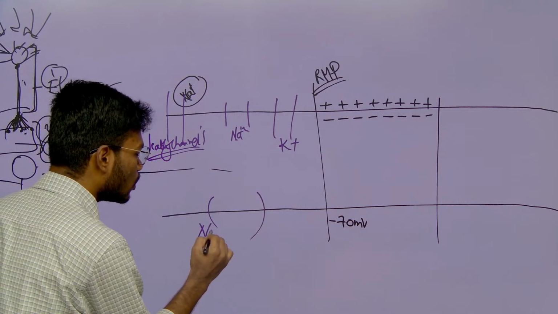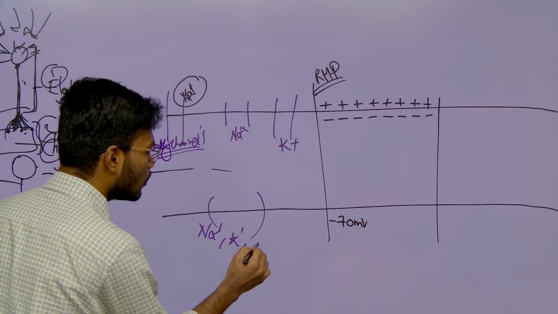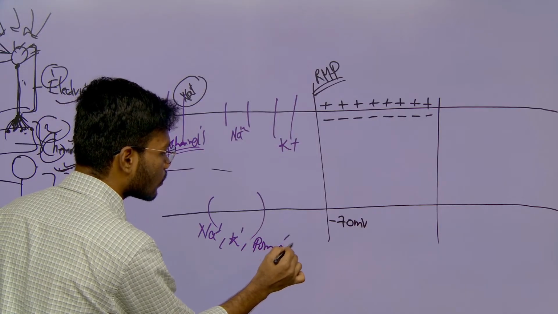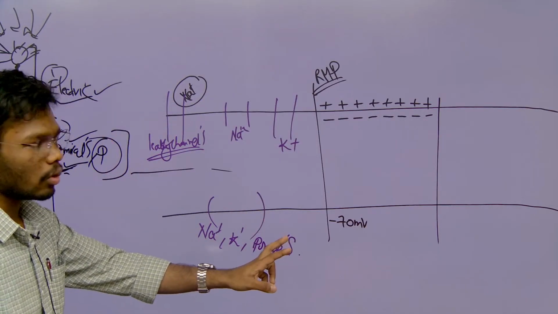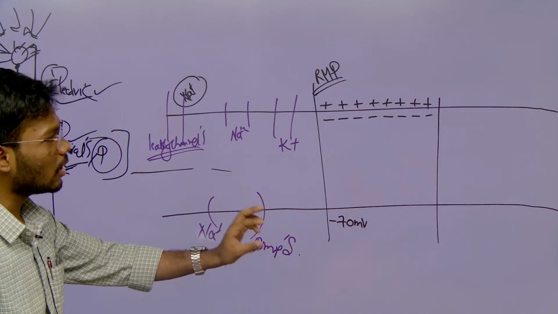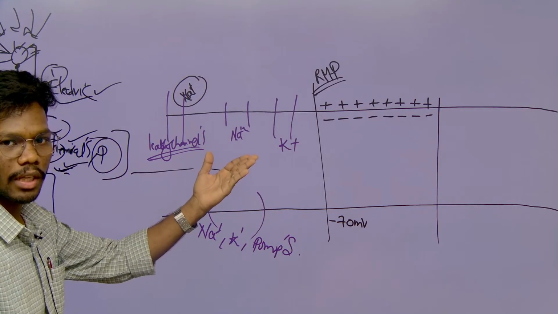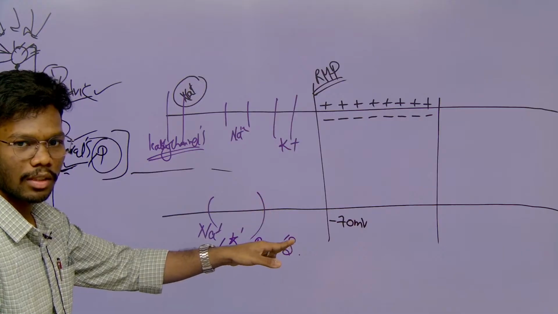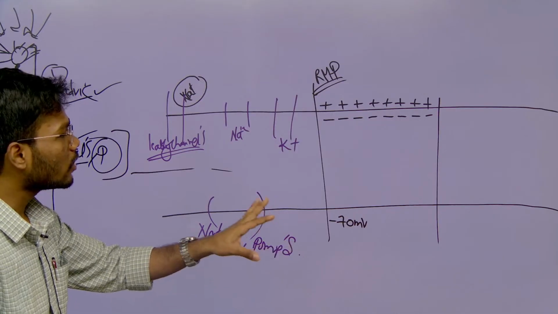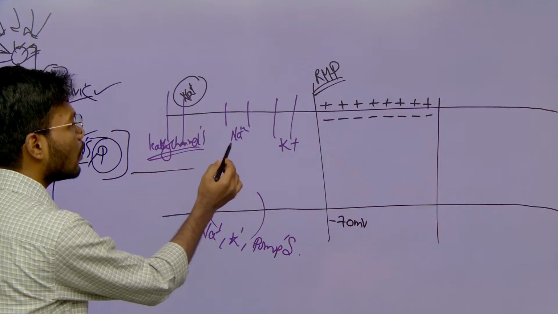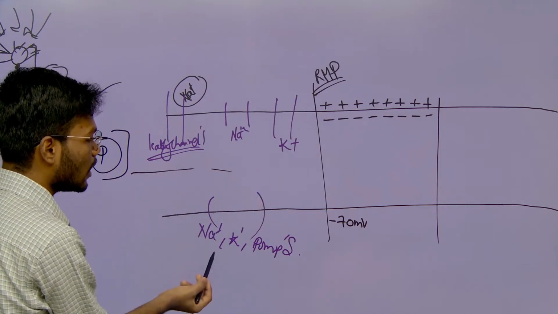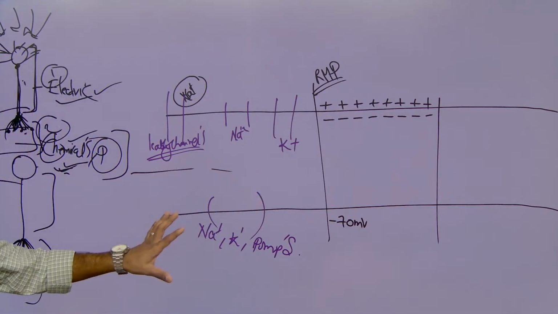These are called sodium potassium pumps. Initially I told you there is a resting membrane potential: inside is negative, outside is positive, and the negative charge is minus 70 millivolts, right? This is all with the help of the sodium potassium leaky channels and sodium potassium pumps. Later you will understand.